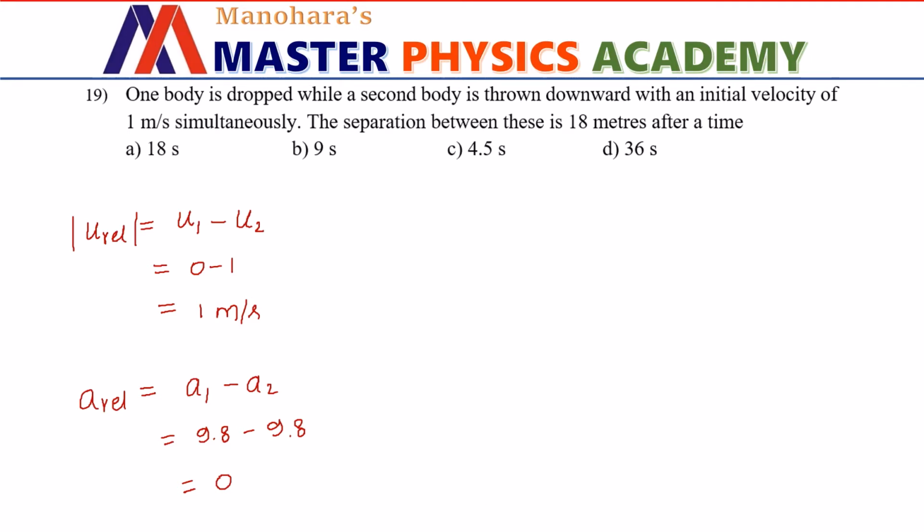Now the time taken by this body to have the distance of separation equal to 18 meters is given by time is equal to relative distance of separation divided by relative speed. So it is 18 divided by 1 equals 18 seconds. Option A is the right choice.